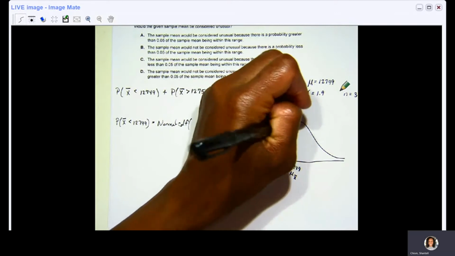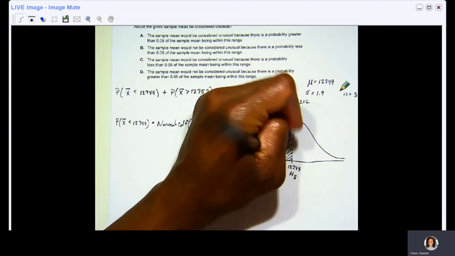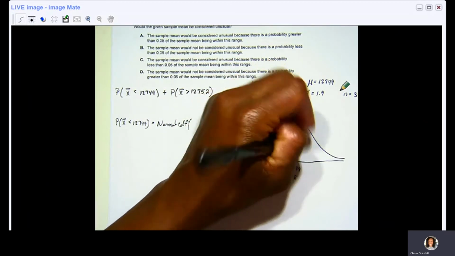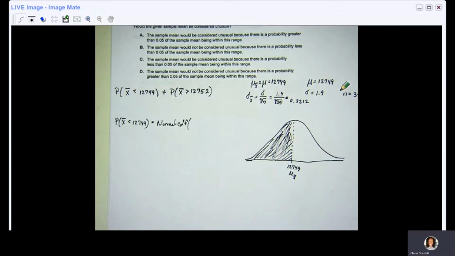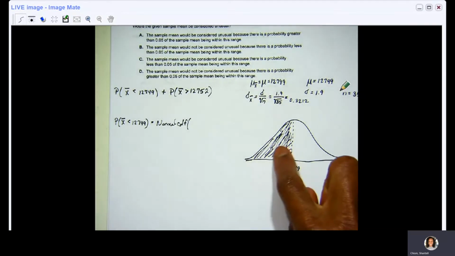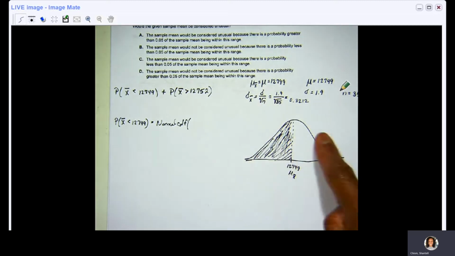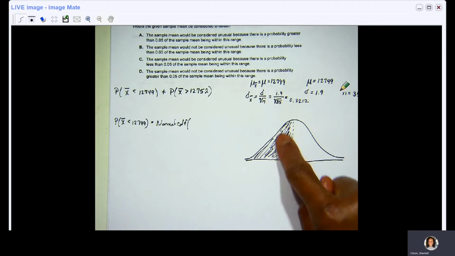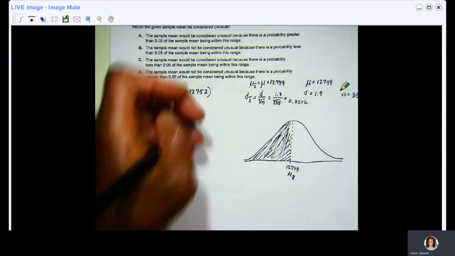Well, that 12,749 is your mean, and it's at the very center, cutting the bell-shaped curve into halves. So this shaded region is the left half. Remember, the total area under the bell-shaped curve is 1. So this must be 0.5. But we can verify that.